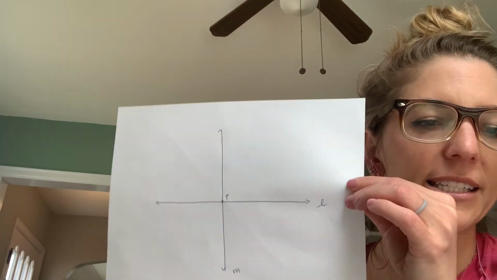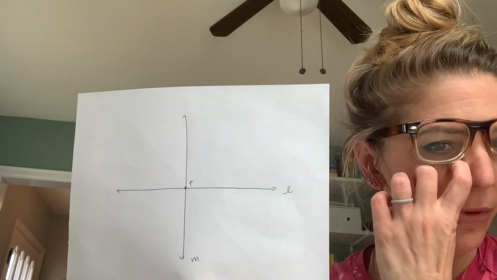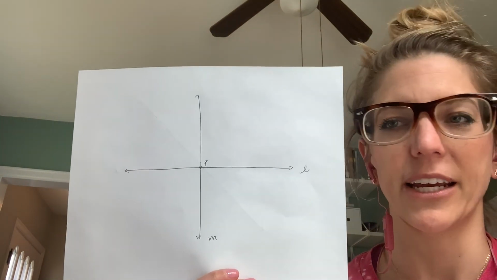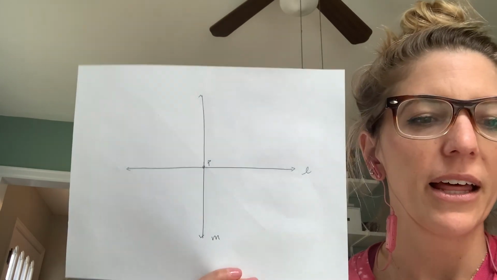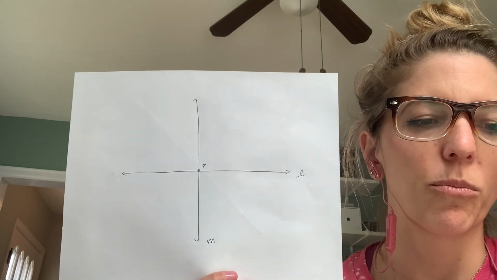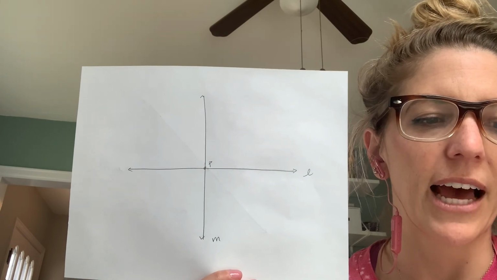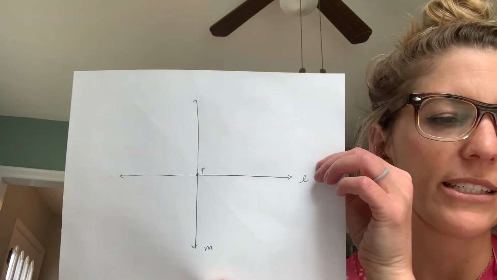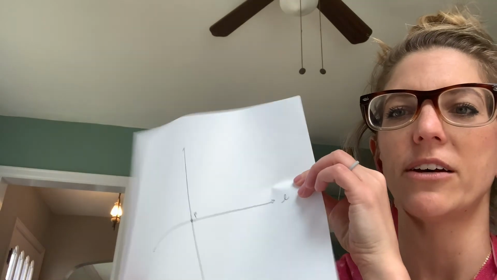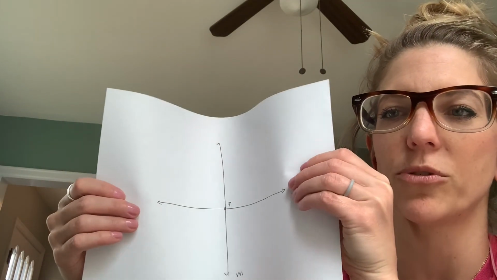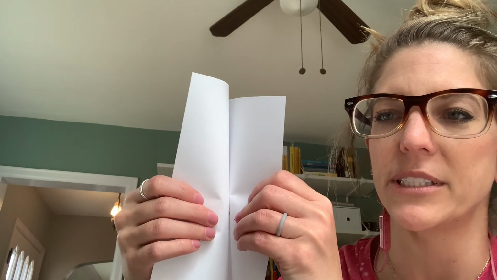And now here's my explanation of the perpendicular line segment test. Okay, so we have two lines and they look like this, and we want to test if they are perpendicular. So here's L and M. They intersect at some point P. So what we want to do is fold L at point P so that it folds across P onto itself.